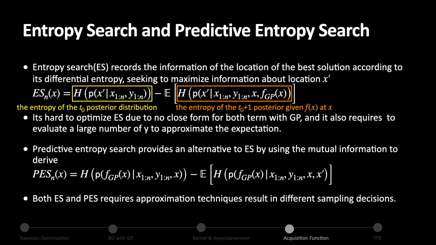It's hard to estimate ES due to no closed form for both terms with GP, and it is also required to evaluate a large number of y to approximate the expectation.